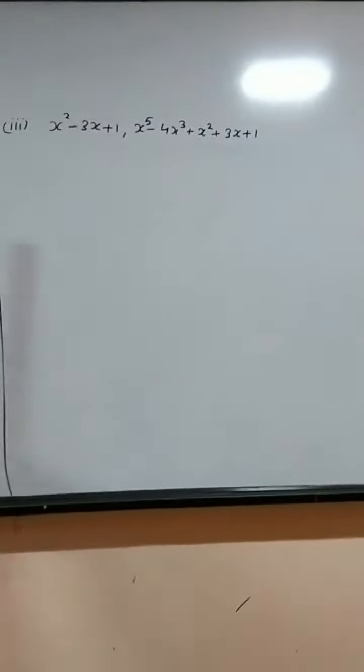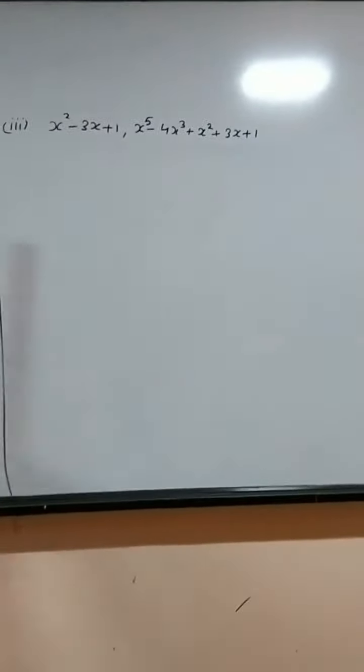Now take x cube minus 3x square plus x plus 2 to the other side: minus 2x will become plus 2x and plus 4 will become minus 4. Therefore, x cube minus 3x square plus x plus 2x, 3x, minus 4 plus 2, minus 2, is equal to gx into x minus 2.